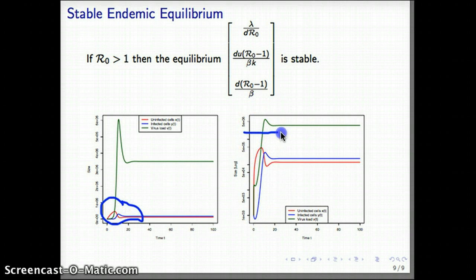There is an initial interval of time in which the system is trying to settle itself, and after some period of time, you can see how all solutions converge to positive values, right? These positive levels are what we call the endemic levels of infection.